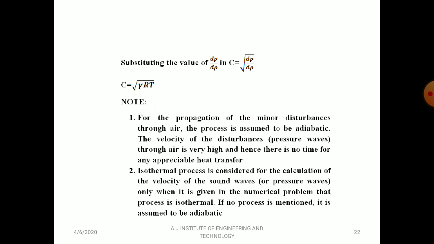So the isothermal process is considered for the calculation of velocity of sound waves or pressure waves or disturbances only when it is given in the problem that the process is isothermal. If no process is mentioned, it is assumed to be adiabatic. This is an important point for solving problems. If they specify isothermal, then you have to consider isothermal. Otherwise, it is considered an adiabatic process.